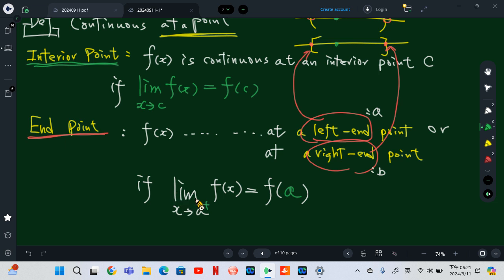A plus means a little more than A, not A itself. If limit as x approaches A plus of f of x is f of A, then we will say it's continuous at its left end. Or limit as x approaches B minus of f of x will be f of B.